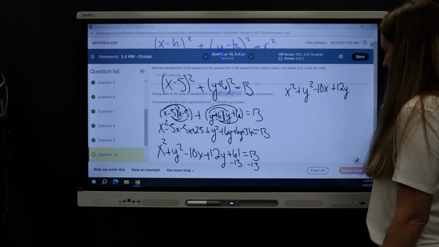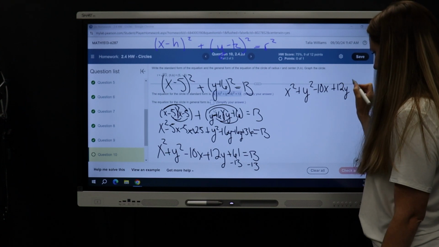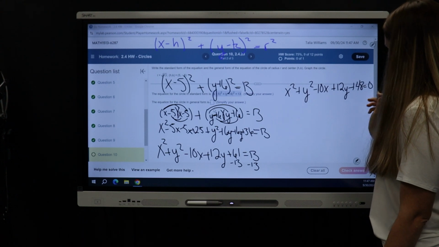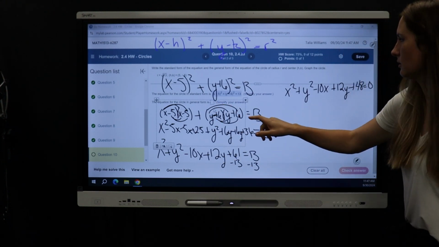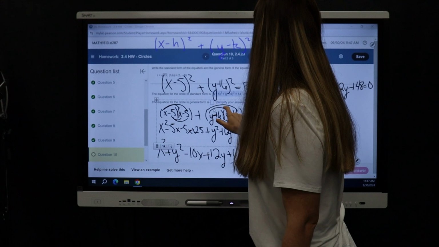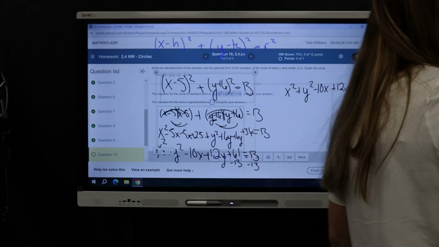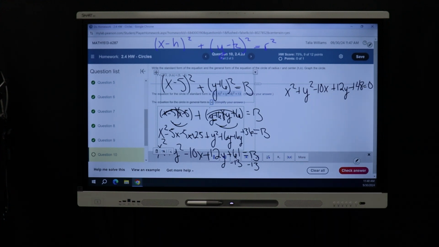Then 50, 48. We're at 48. Plus 48 equals 0.